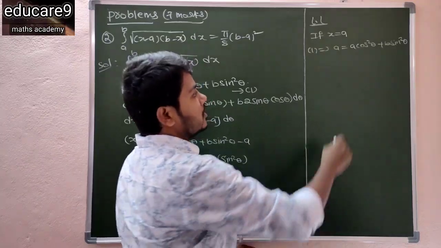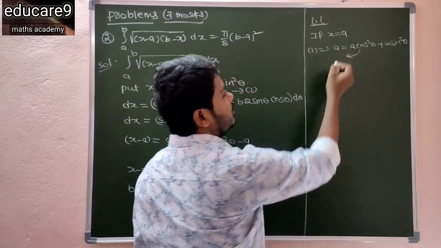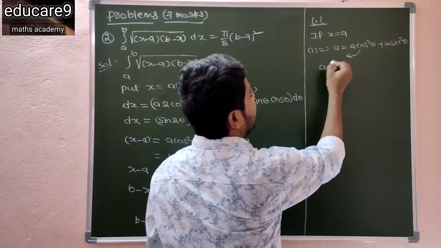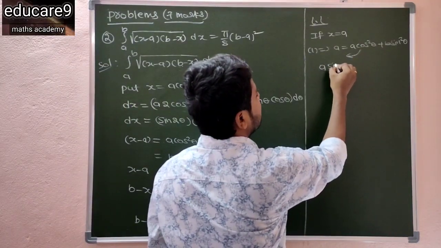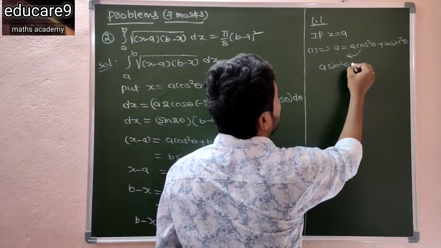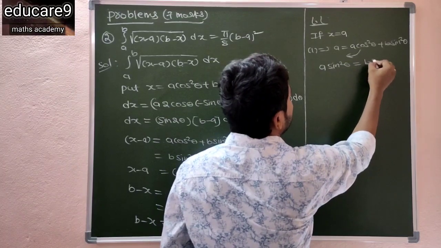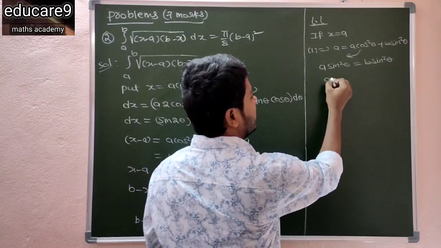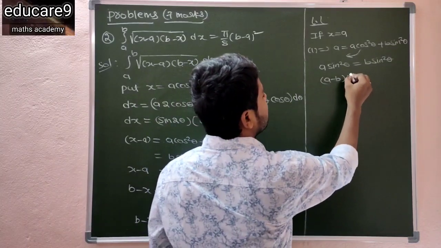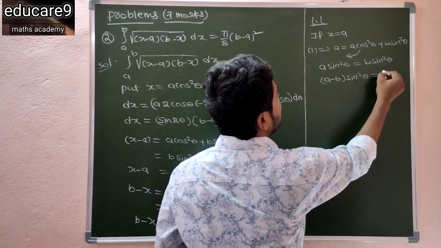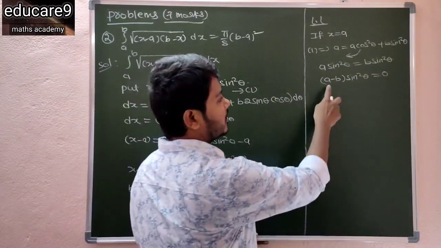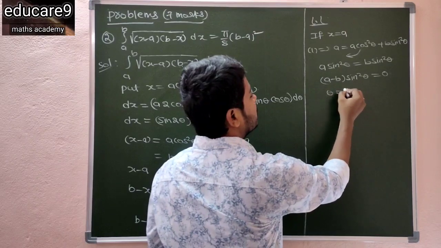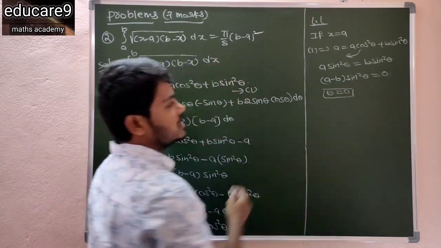Send this value to the left side, then it becomes a minus a cos square theta. In that a is common, you get 1 minus cos square theta, that is sin square theta, equals b sin square theta. Therefore a minus b into sin square theta equals 0. Clearly a minus b is not equal to 0, so sin square theta equals 0, so theta is 0. So the lower limit is 0.